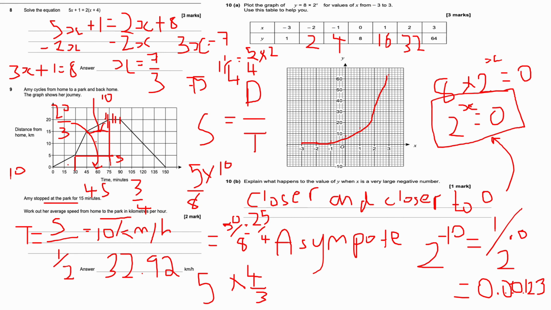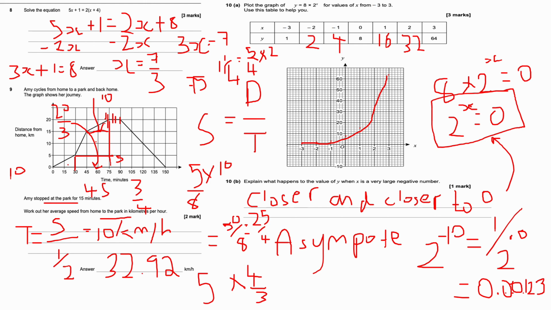I get 32.9166666667 on my calculator, but I've rounded it to 2 decimal places, and I get 32.92 or 33 to the nearest whole number. And that's how to work out the average speed.